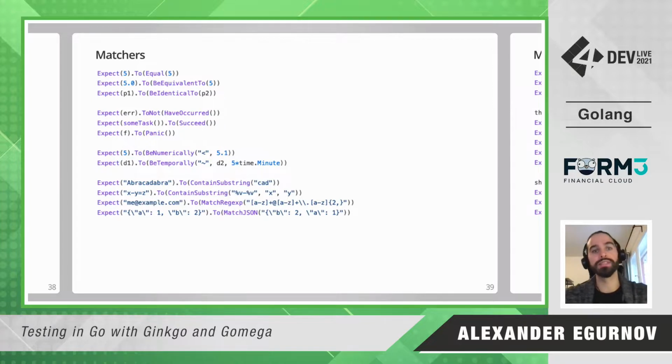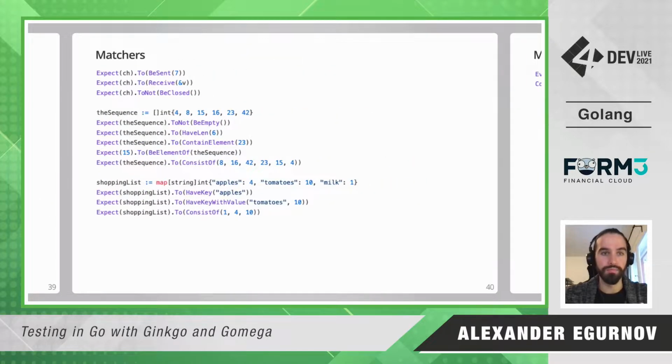And there is a special syntax for checking errors. So you can expect an error to not have occurred, or some task to succeed, or expect some function even to panic if you use panics. So really very flexible. A lot of ways to check the same thing, but they can read very naturally.